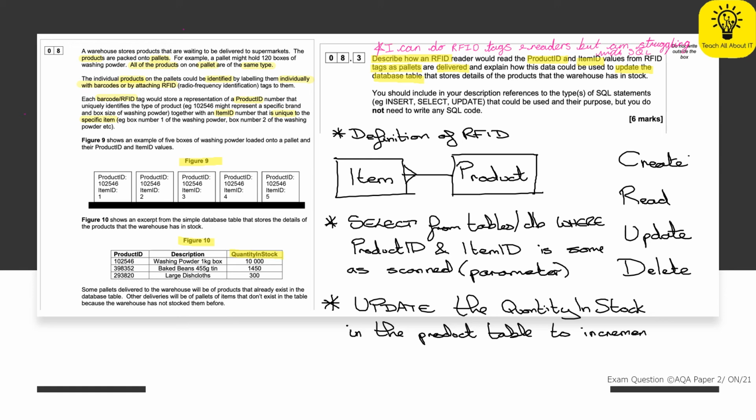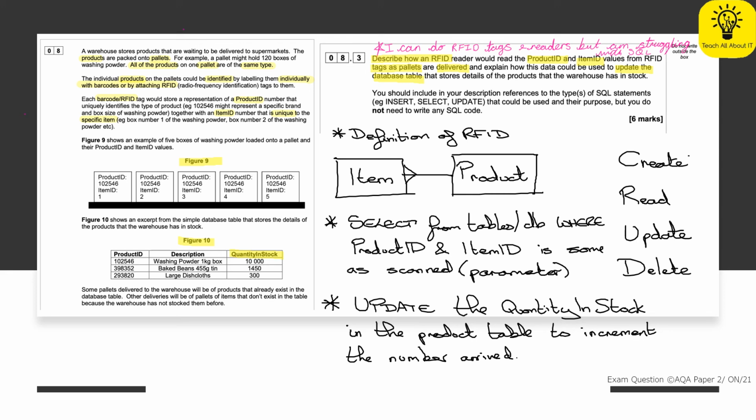And that simply means we are adding to the current value of. So we are updating the quantity in stock in the product table to increment the number arrived. You could even put on the pallet. It does depend on whether figure 9 actually includes sort of a quantity in there.